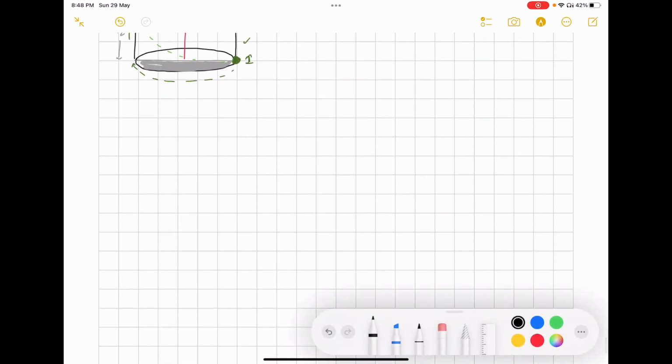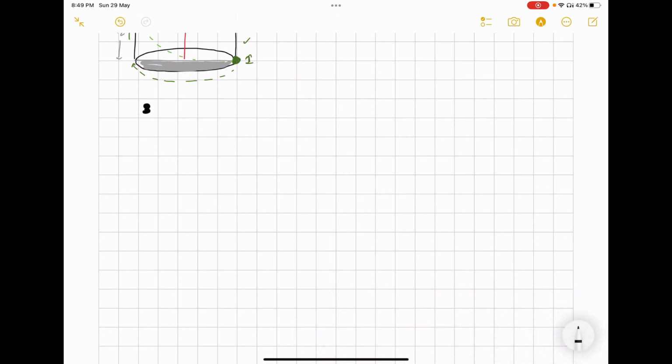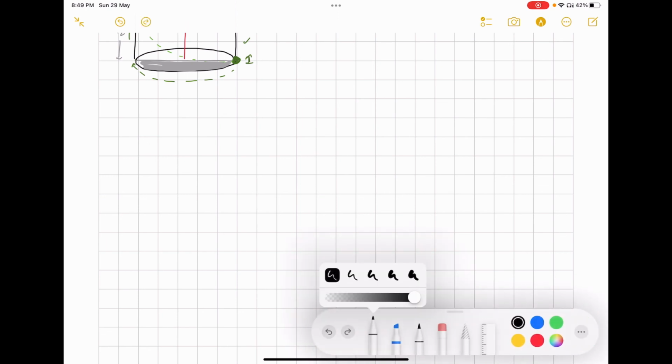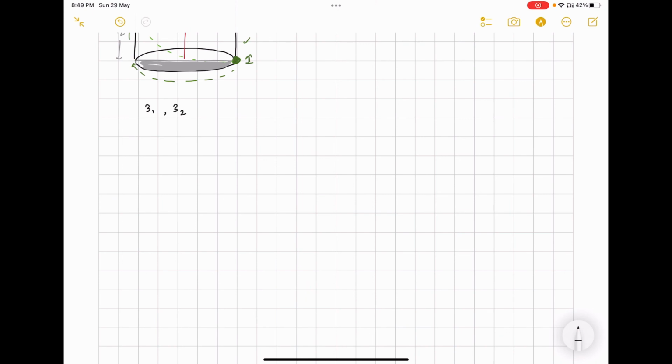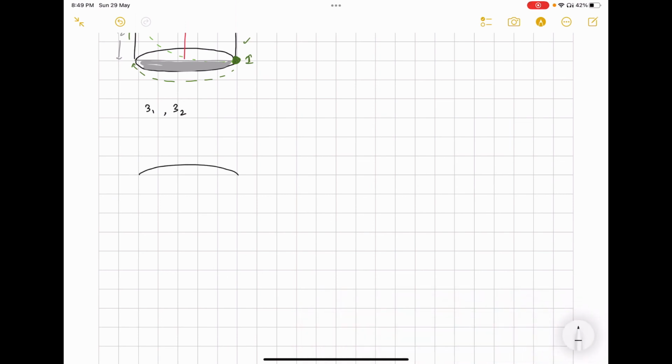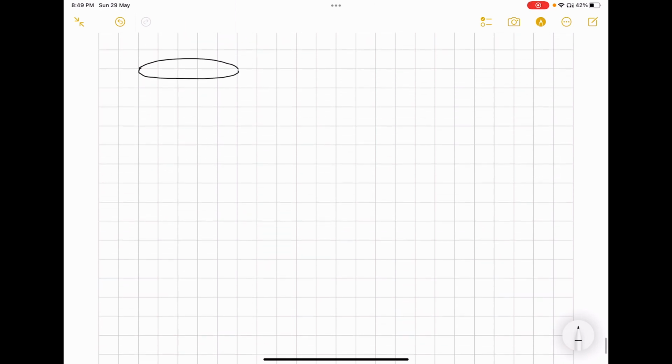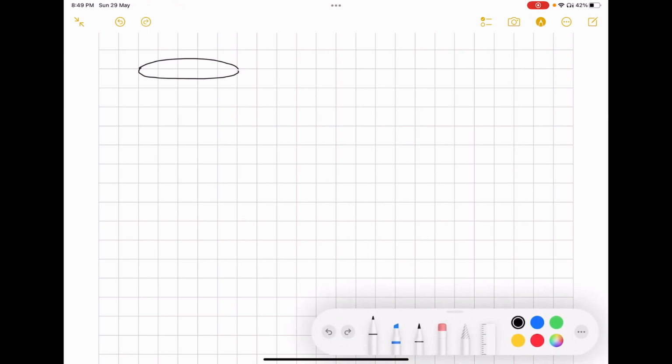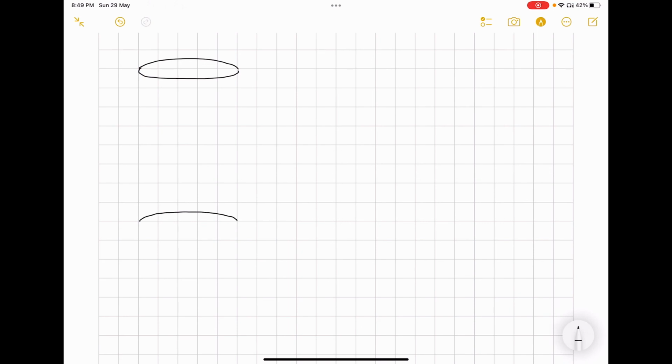Now let us move to the 3_1 screw axis, a screw axis containing three-fold rotation. So 3_1 and 3_2. Now let us consider each one of them one by one. So first let me draw a cylinder. So this is my cylinder.